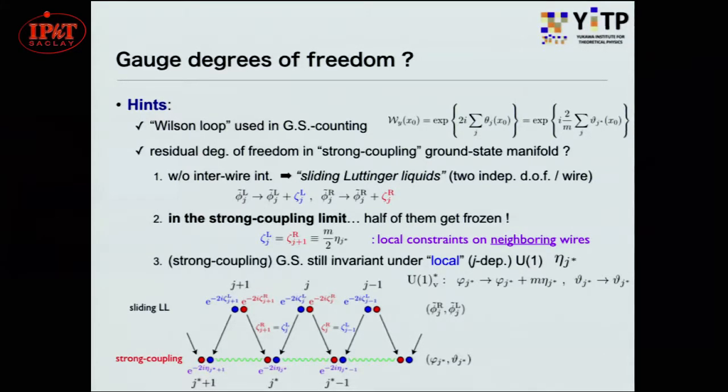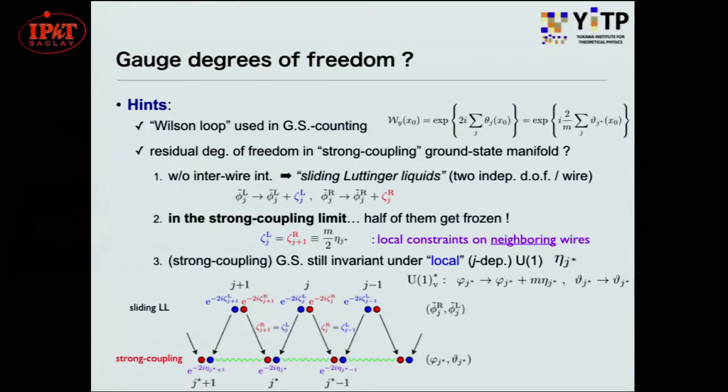We have the same value for this and this. But still, we have some residual continuous U(1) degrees of freedom that does not change the strong coupling ground state. So this is the key in identifying the gauge degrees of freedom.